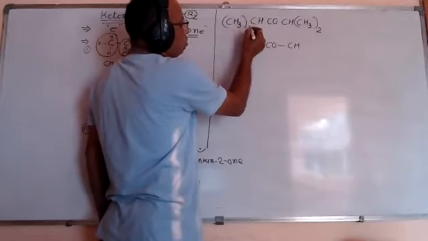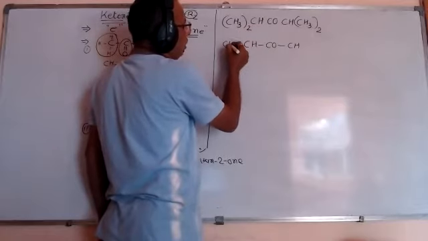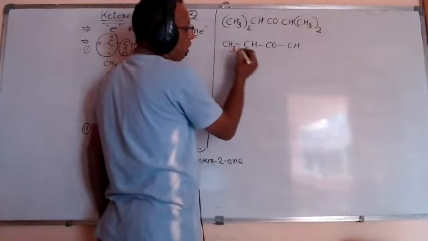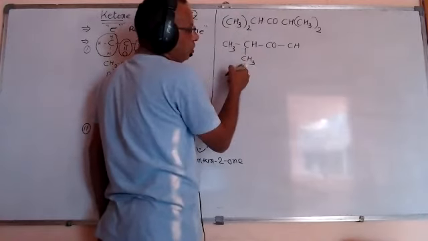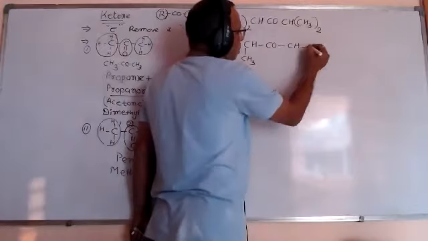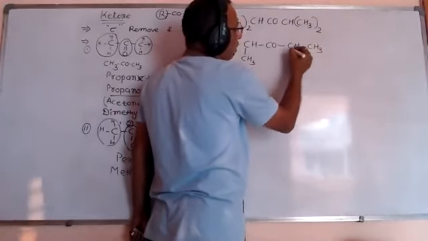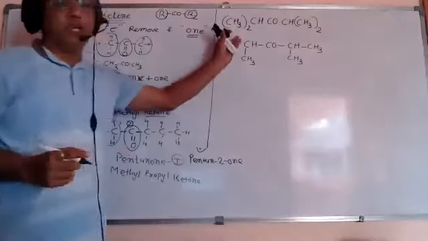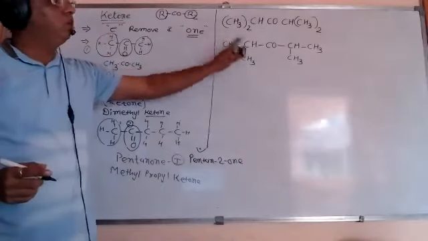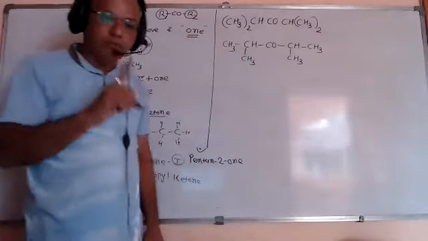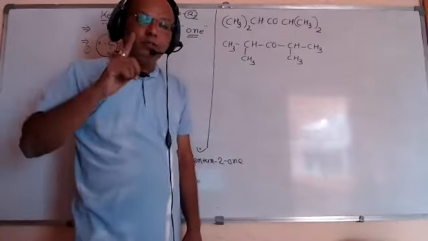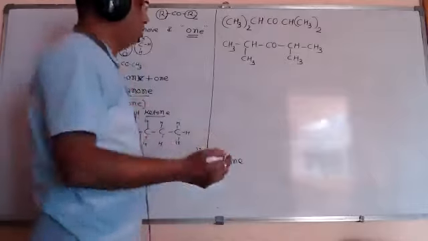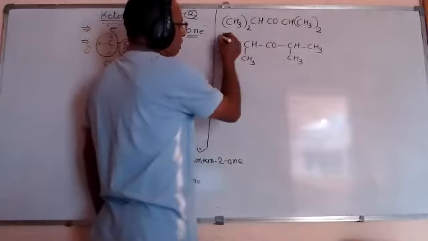Now this is 2 CH3. So 1 CH3 is to be written in the chain, and 1 is to be written in the branch. Same here: 1 in chain and 1 in branch. Whenever 2 or 3 such groups are given, you put first one in the chain and one in the branch, or if 2, then 2 in the branch. So this is the common formula.